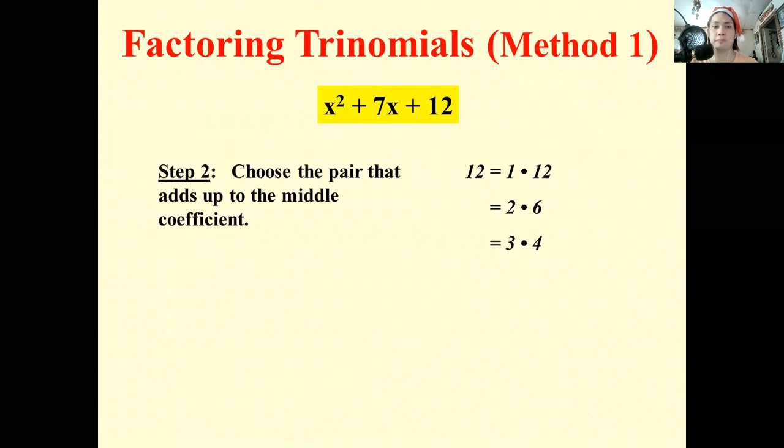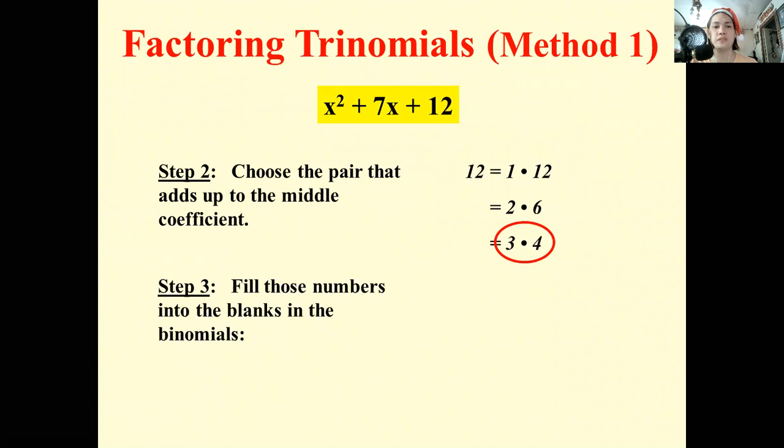So now choose the pair that adds up to the middle coefficient, and we found a while ago that it's 3 and 4, because when you add 3 and 4, that gives you 7, which is the same as the middle coefficient of the second term. Now fill those numbers into the blanks in the binomials: x plus blank and x plus blank. You can interchange them if you wish.